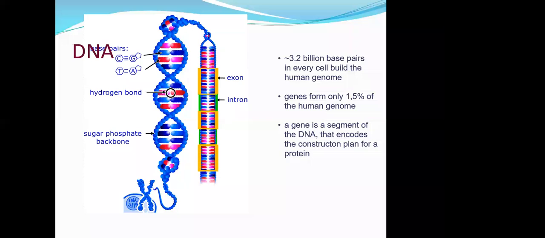But as you are going to see later on, during removal of these introns, sometimes the enzyme that is responsible for splicing out these introns may not be accurate. And hence, when you find some mutations, there are things called splice site mutations.